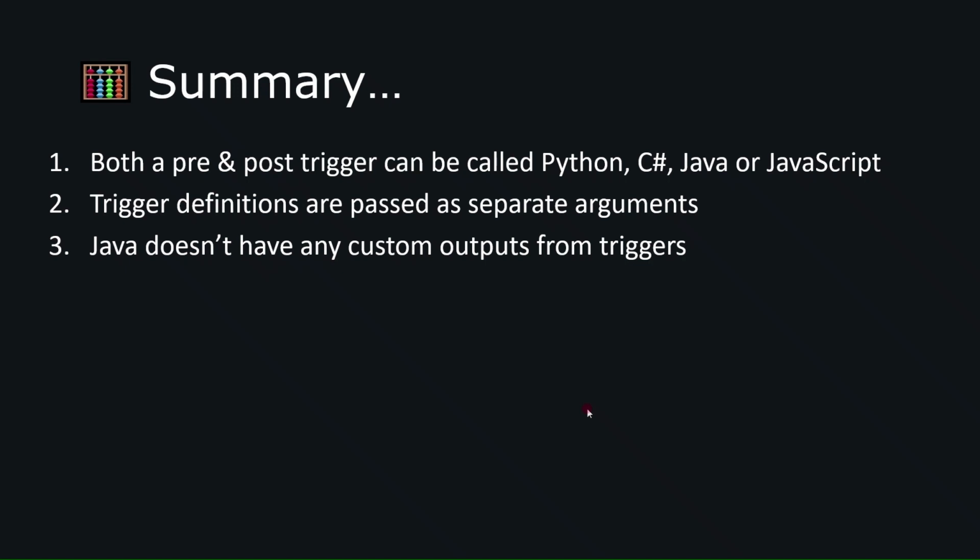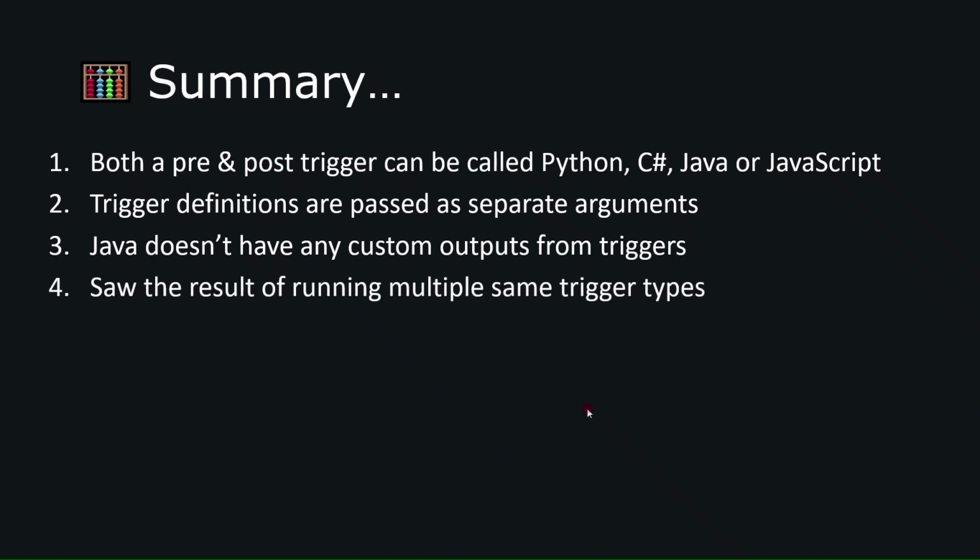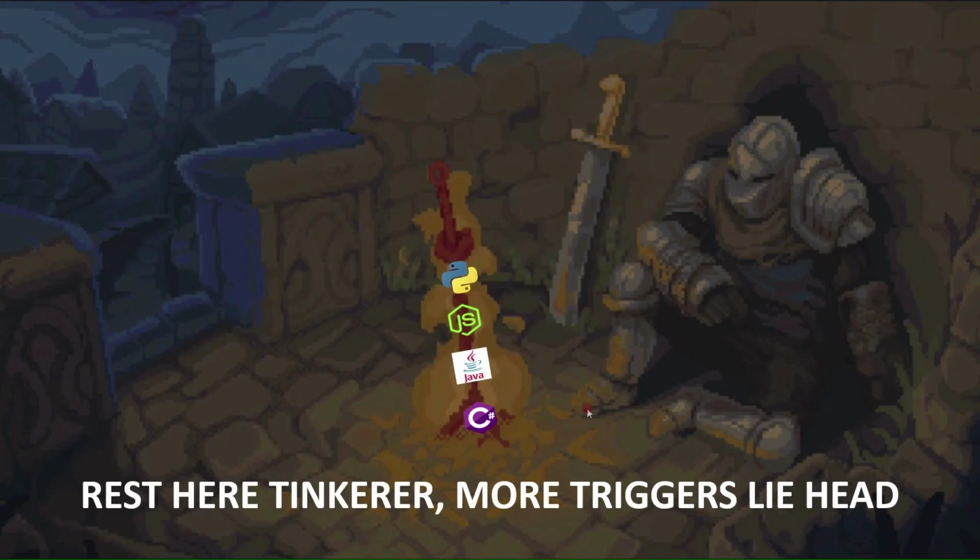So if you had a post trigger that returned a custom body, then you wouldn't be able to see that custom body within Java unless there's a specific jar file or library that would facilitate that. And then lastly, we saw that if you run multiple of the same triggers, so if you run 2 pre-triggers or 2 post-triggers, then an error would come back instead of the first trigger coming through.